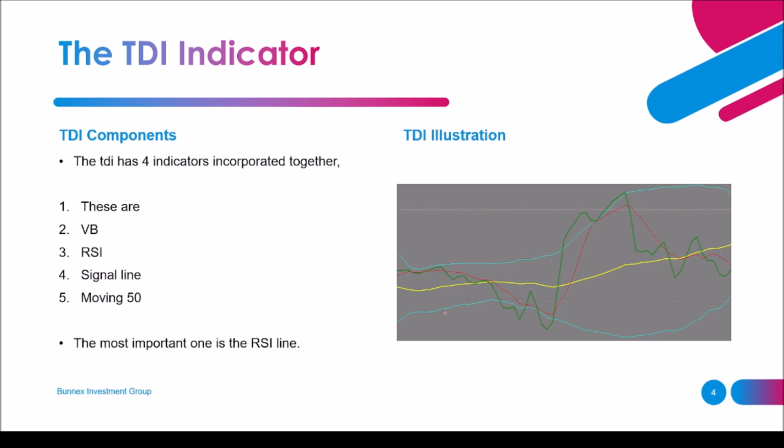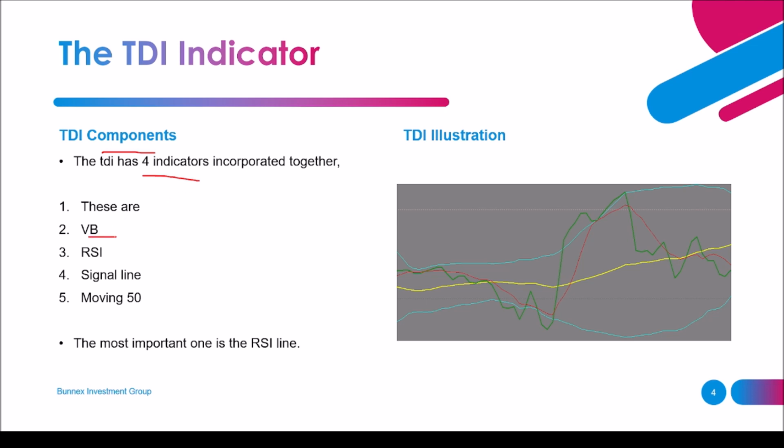Firstly, we need to understand the TDI indicator. So these are the components of this particular indicator. It is 4 indicators incorporated together. These are a Bollinger Bands and 3 EMAs.